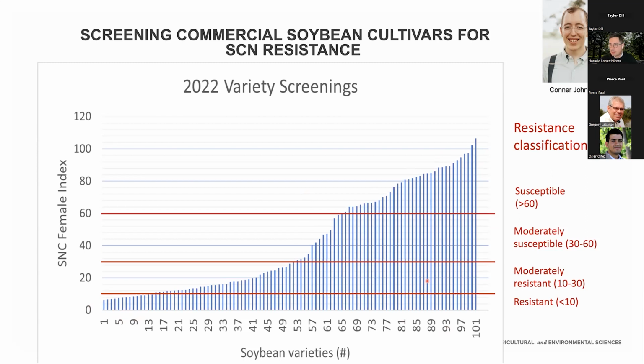And the reason we're seeing this is not because these soybean varieties do not have resistance to soybean cyst nematode, but because the source of resistance that they have has been overcome by the population of soybean cyst nematode we have in Ohio, specifically the one that we use for this screening.